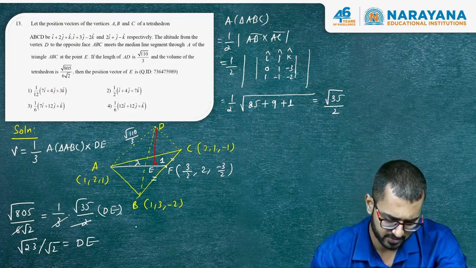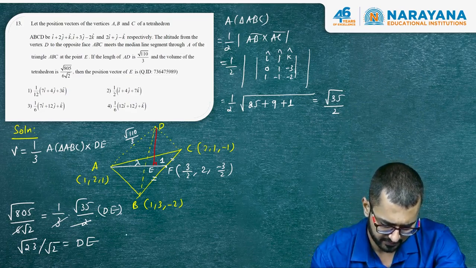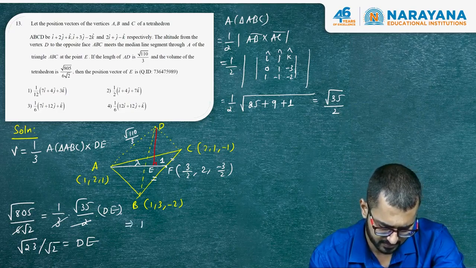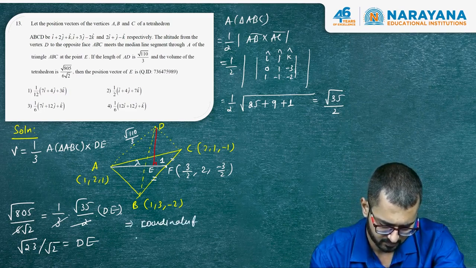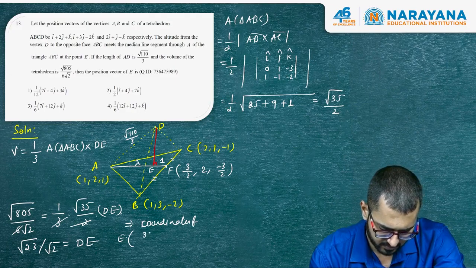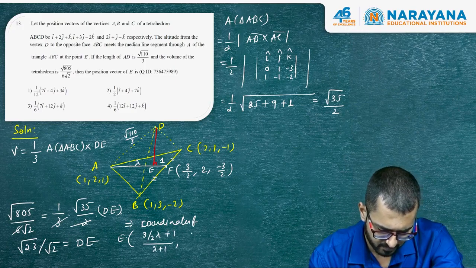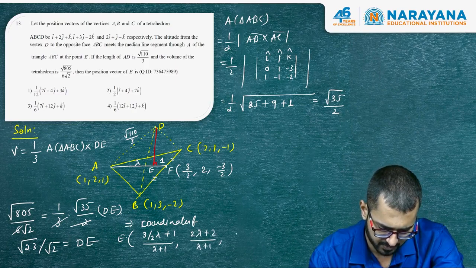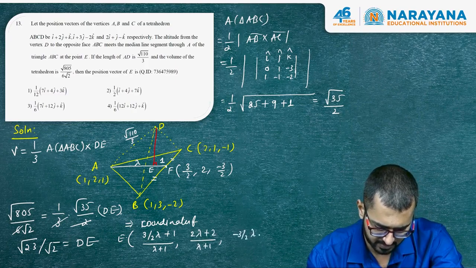So let's write down the coordinates of E. The coordinates of E will be looking like this: (3/2 lambda plus 1) over (lambda plus 1), comma (2 lambda plus 2) over (lambda plus 1), comma (minus 3/2 lambda plus 1) over (lambda plus 1).